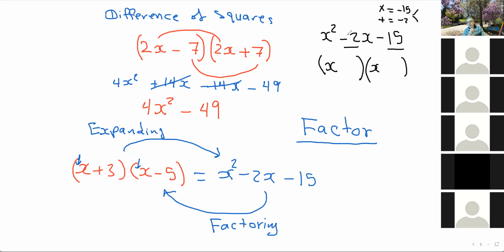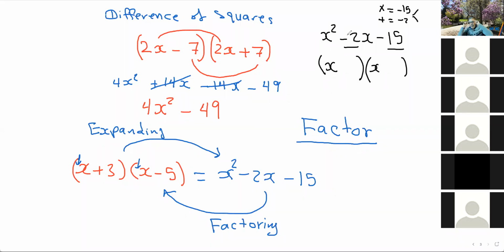Just write the 2 numbers with the comma between them. 2 numbers multiply to give me negative 15 and add to give me negative 2. So you should be thinking first, what combination multiply to give me negative 15? When you look at the combinations, you only have 2 options.